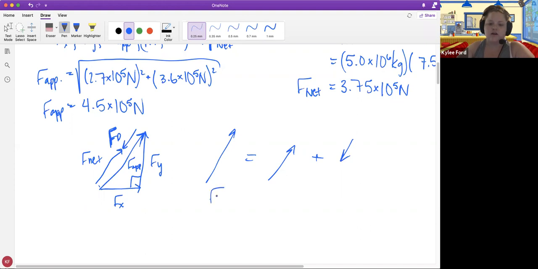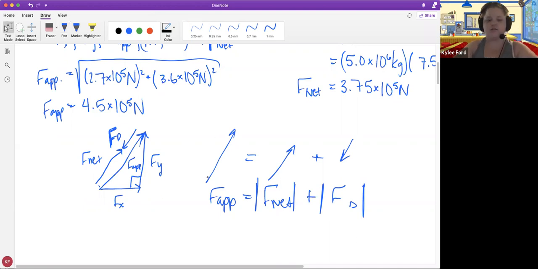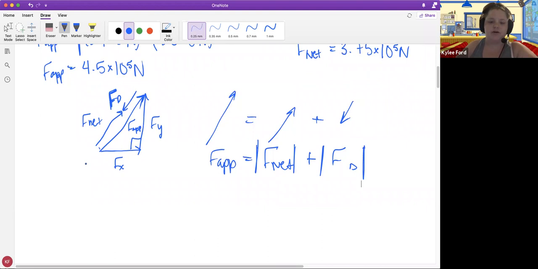Or we can say our F applied equals this F net plus, and it's going to have to go the other way if we really want it to add up, our drag force. Or I guess it would just be the magnitude. So we can just say that the magnitudes added together equal the whole thing. Or we can also say this, and this is probably the easier way to think about it.